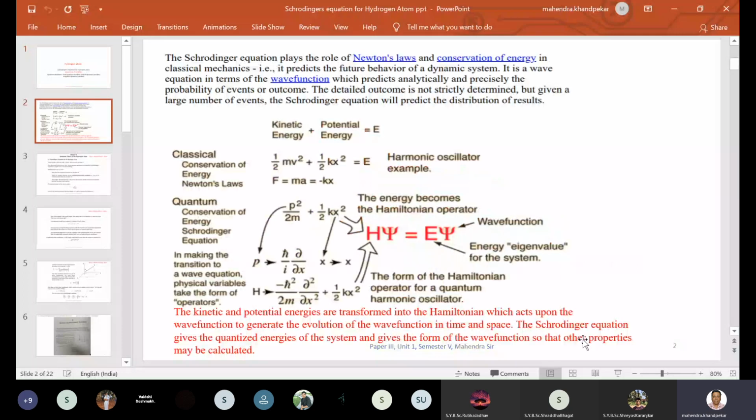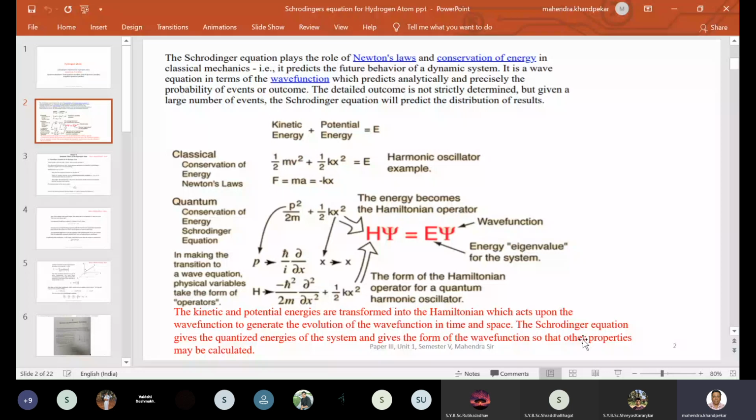Now, if you look at the Schrodinger's equation, it plays the role of Newton's laws and conservation of energy in classical mechanics. That is, it deals with so-called force and energy, and it predicts the behavior of a dynamic system.